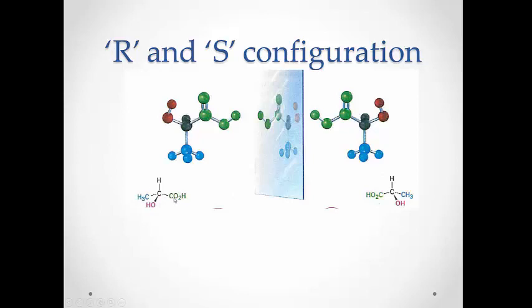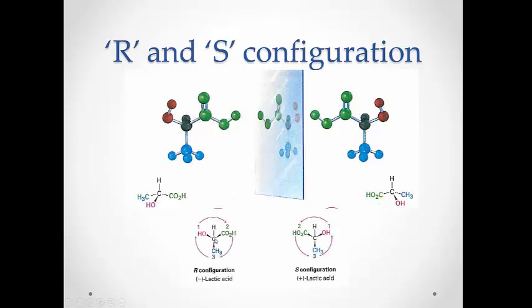Now you need to rotate this molecule so that the hydrogen is going into the plane. Okay? And then you go 1, 2, 3, and you have a look at what's happening to it, and then you can work out if it's R or S. So it's 1, 2, 3 again.